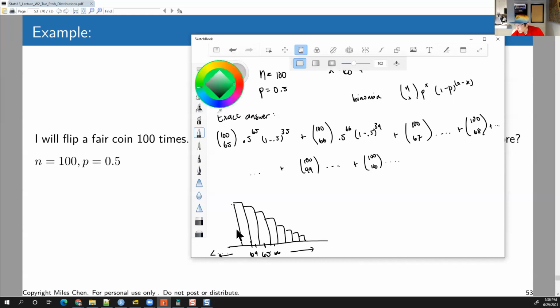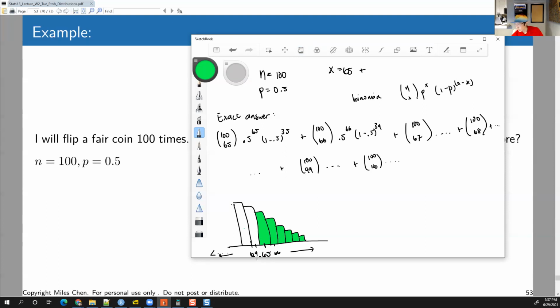So I shade in the entire bar for 65 and everything higher. My cutoff line for this bar is not exactly at 65, and it's not at 64 either. It's halfway between 64 and 65. Can you guys see that?